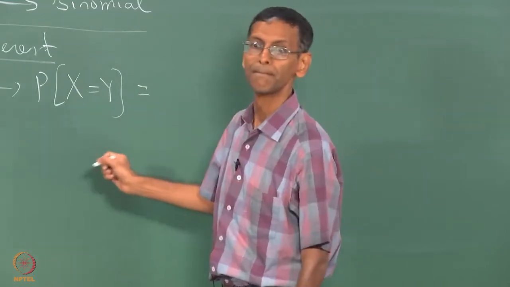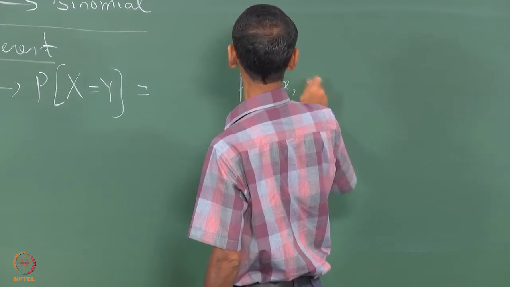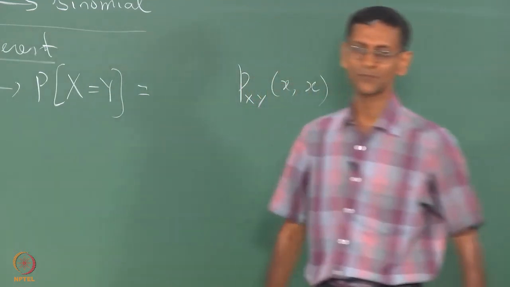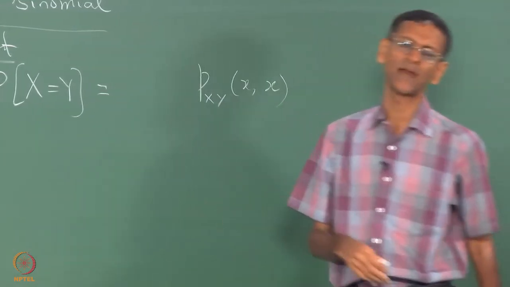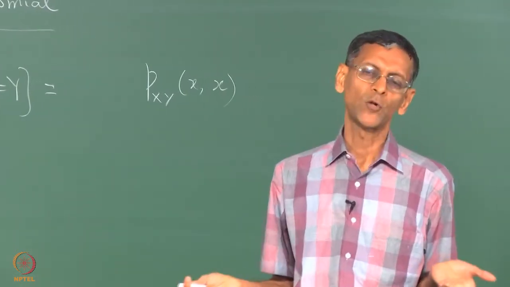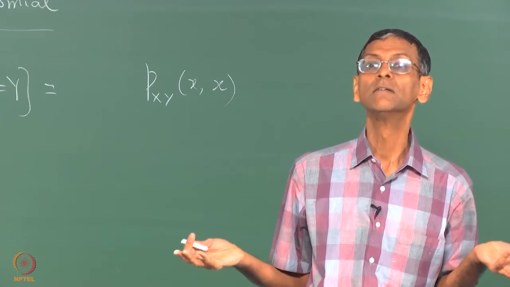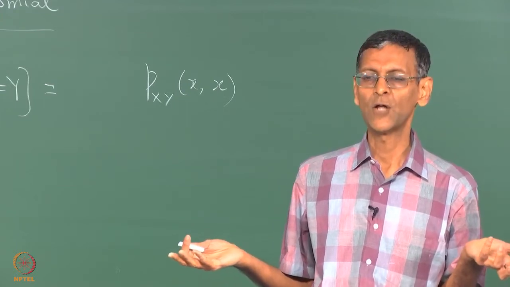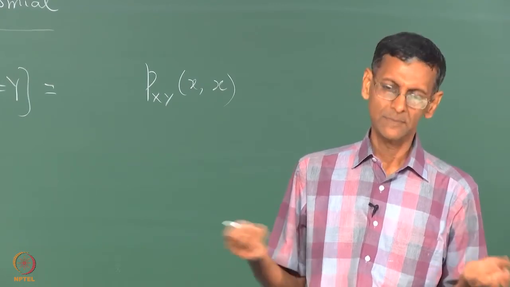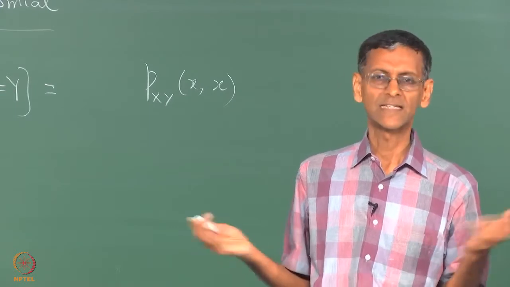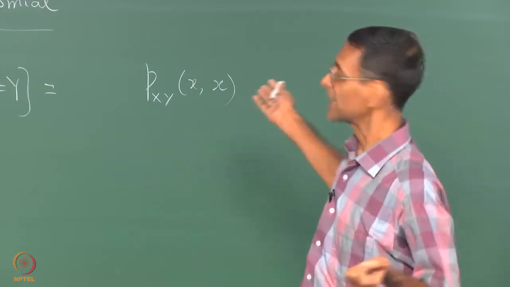And how do we write this? Basically, you look at the probabilities of the points (x, x), assuming that (x, x) is a valid point in omega XY. If there is no point (x, x) in omega XY, then what is the probability of X equal to Y? Like in the drawing of the two balls with different numbers, you can never get X equal to Y. In that case the probability will be 0, but in the trinomial case this is not going to be 0.